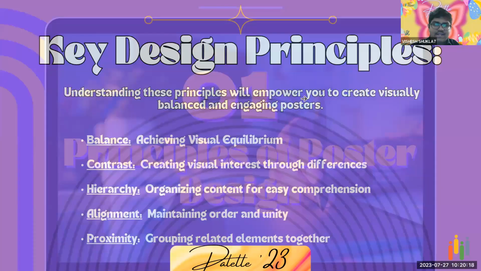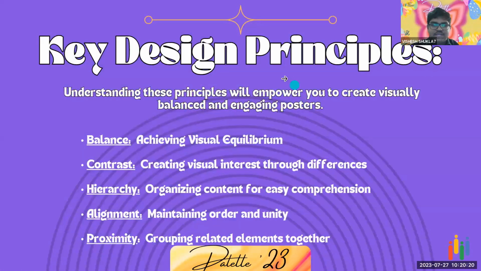Now, there are lots and lots of key designing principles which you use in poster designing. For today's session, we'll be looking into five key designing principles, which will be really important to help you understand how to create a balanced and engaging poster.